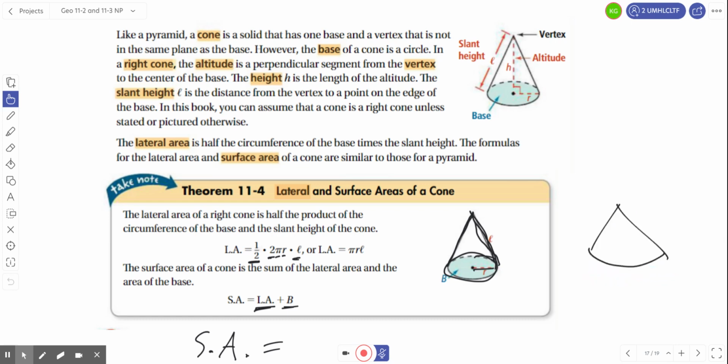If you unrolled it, it would look like this, and your L would be here, and your circumference would be this. This would be 2 pi r, and we do this times 1/2.